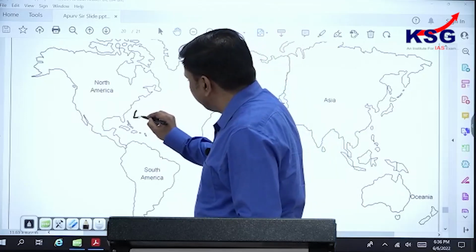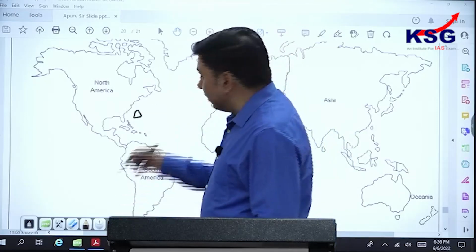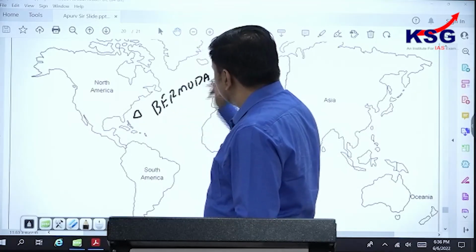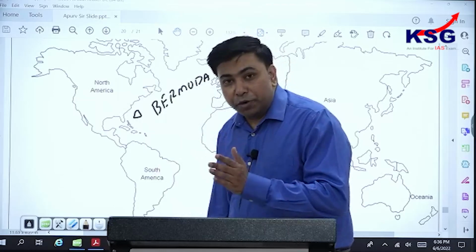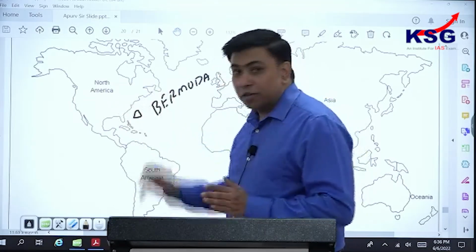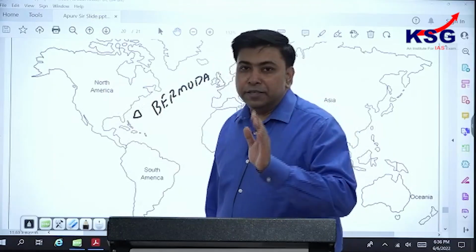So here they are present in triangular form, and these islands are called Bermuda Islands. ठीक है, these Bermuda triangles, which are located along the western margin of Atlantic Ocean and along the eastern coast of North America, are actually located in subtropical zone.